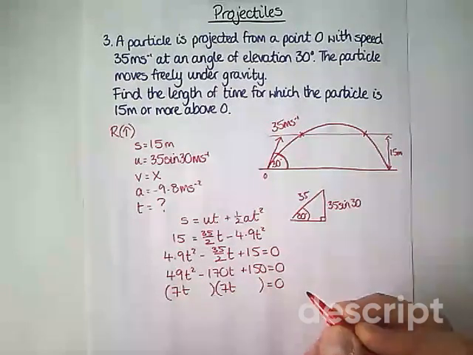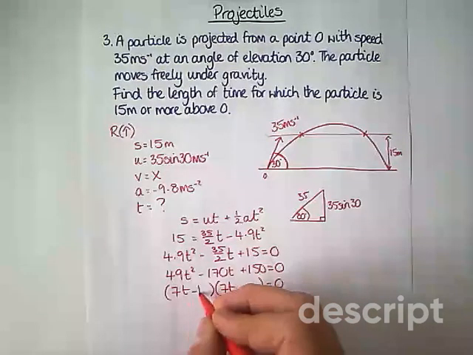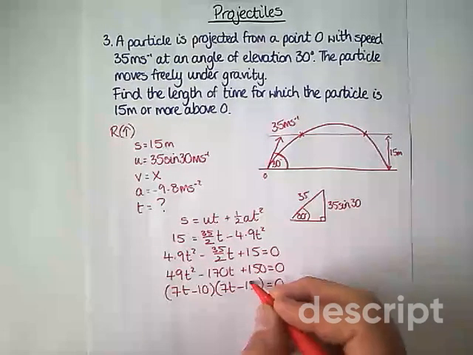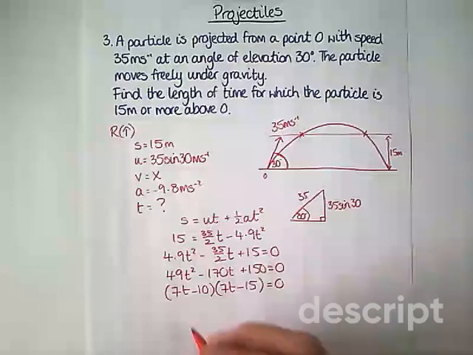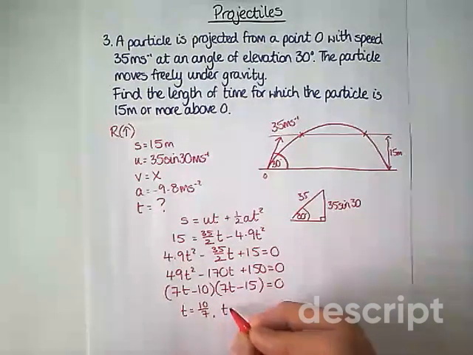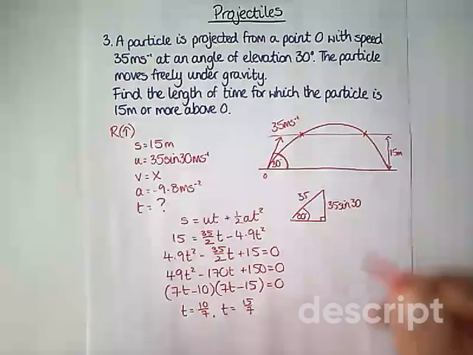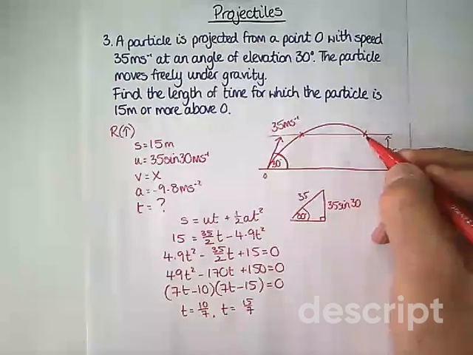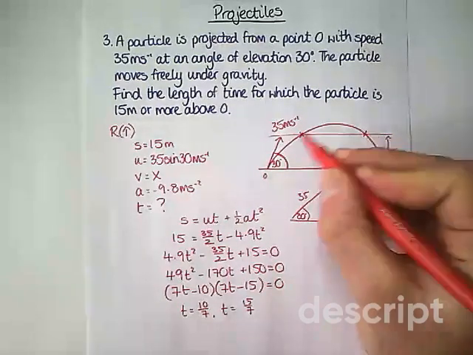We get 7t minus 10 and 7t minus 15. Okay, but we could do that in our calculators. So we get t equals 10 over 7, t equals 15 over 7. So those are our two times here when it is at 15 meters.